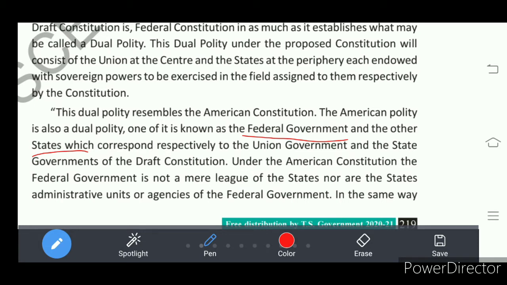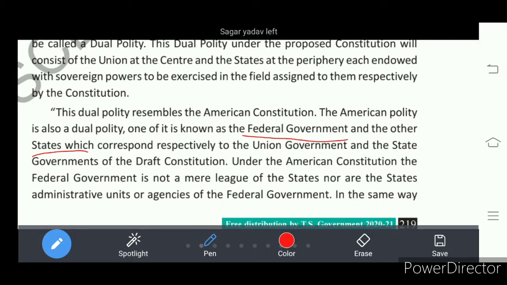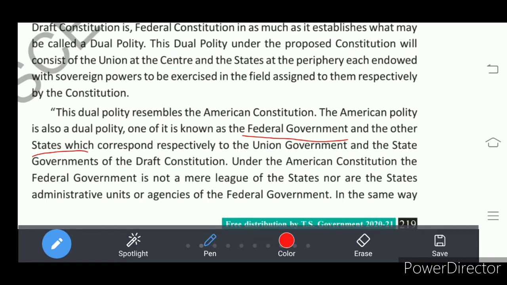That means we find a dual polity here, two governments. In America too, we find a dual polity: one is a federal government, the other is state governments. This is a similarity between the American Constitution and the Indian Constitution proposed by the draft committee.